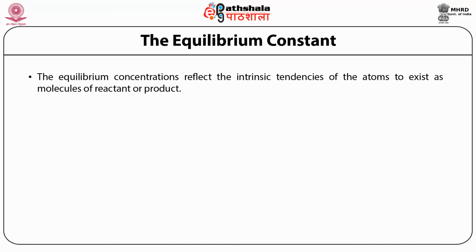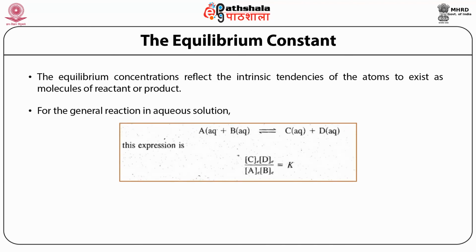For the general reaction in aqueous solution, A(aq) plus B(aq) is in equilibrium with C(aq) plus D(aq). This expression is denoted as the concentration of C times the concentration of D divided by the concentration of A times the concentration of B, which is equal to K, where K is the equilibrium constant.